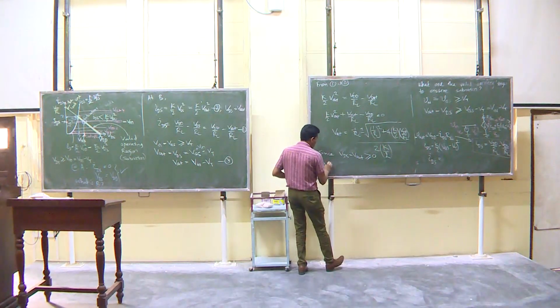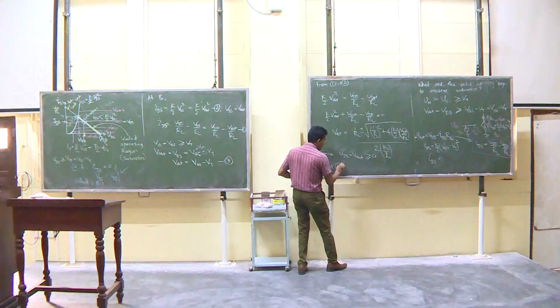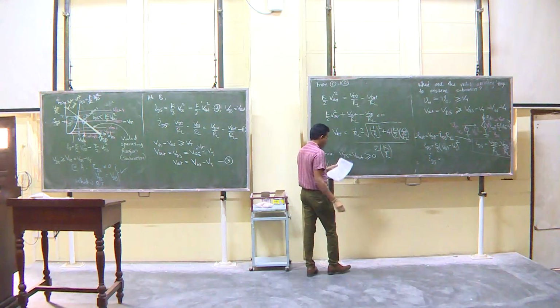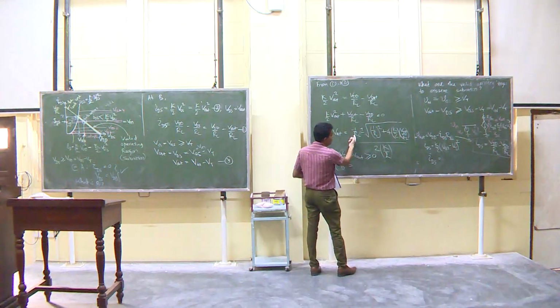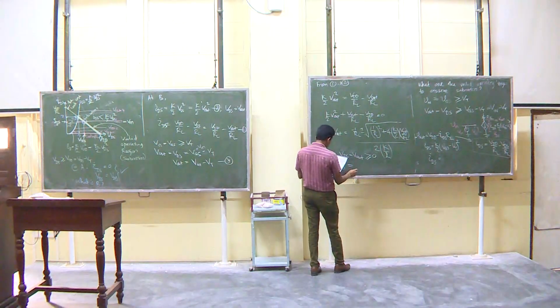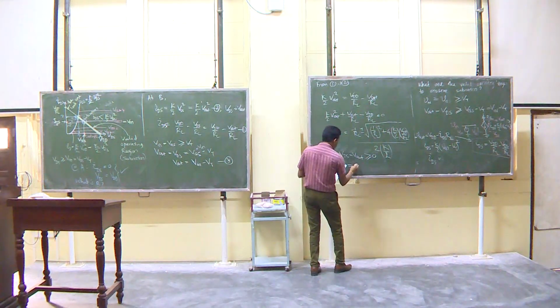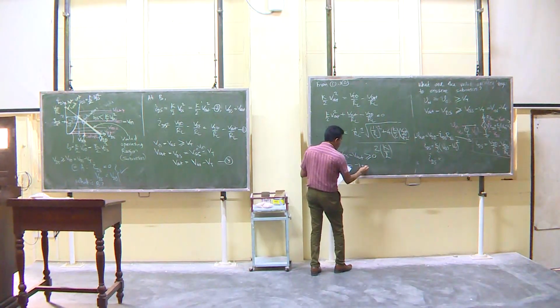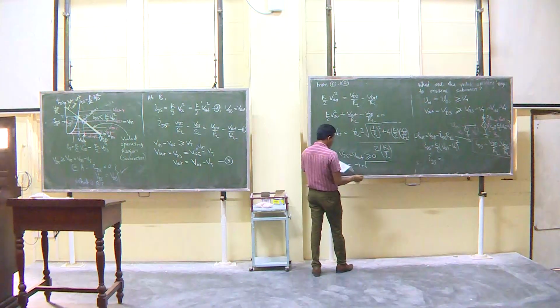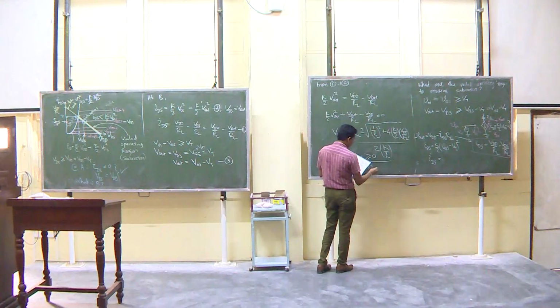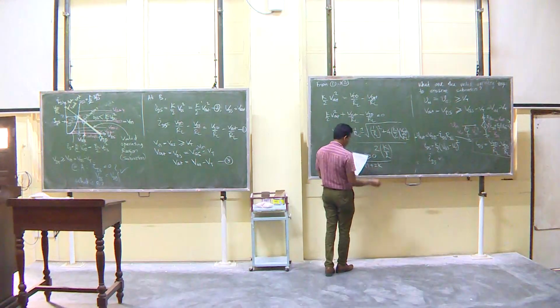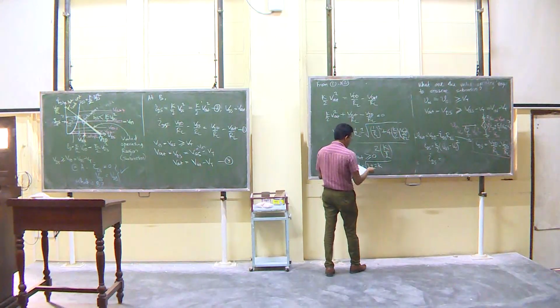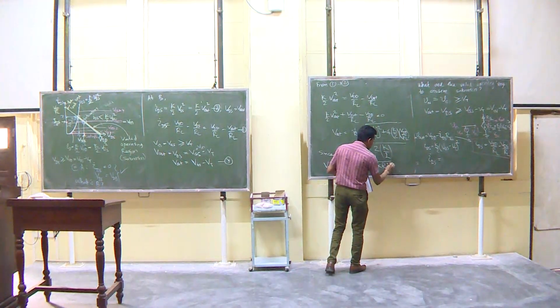V out at B has to be, RL I can take out, right, minus 1 plus square root of 1 plus 2k RL VDD.